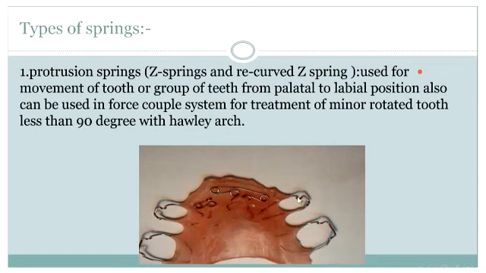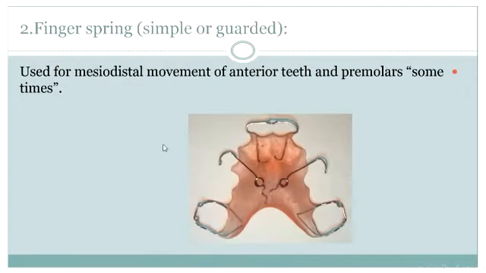A couple system means another Hawley arch is present here. The Z spring or recurve Z spring pushes the teeth labially, while the Hawley arch pushes the teeth in the opposite direction, not along the same line, and may lead to correction of a minor rotation of less than 90 degrees, because if the rotation of any tooth is 90 degrees, a fixed orthodontic appliance is recommended.